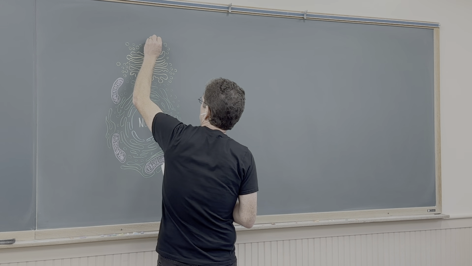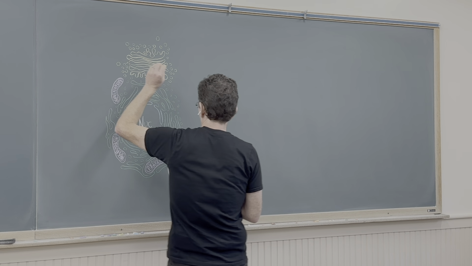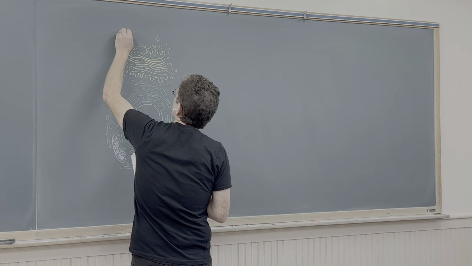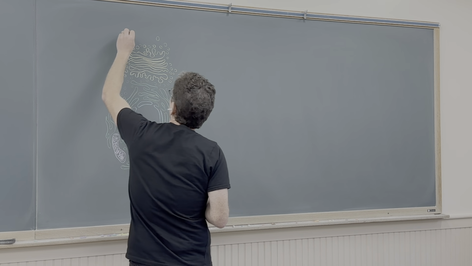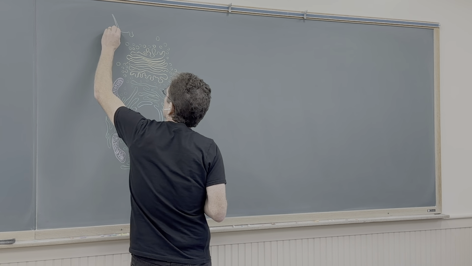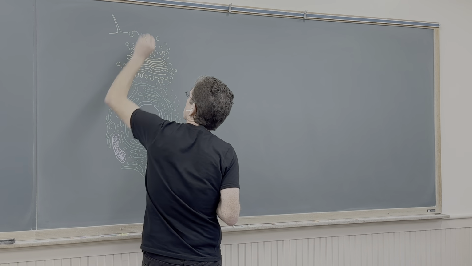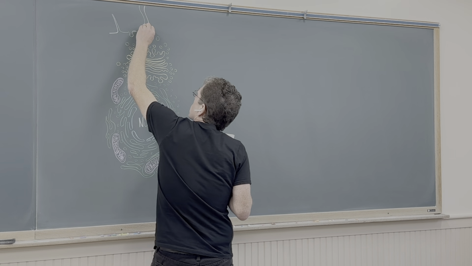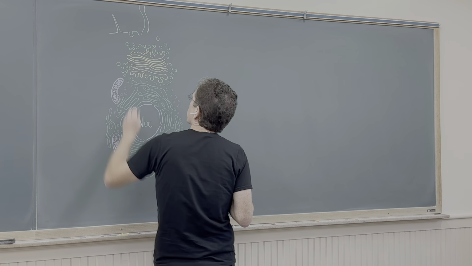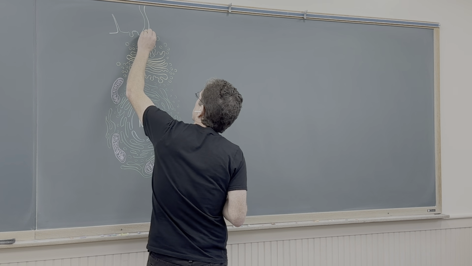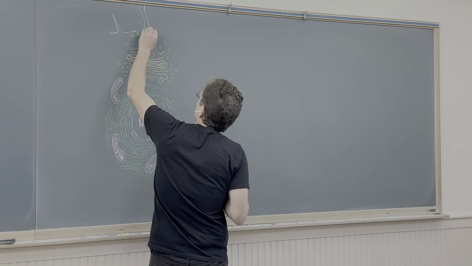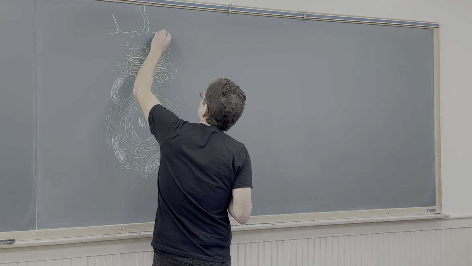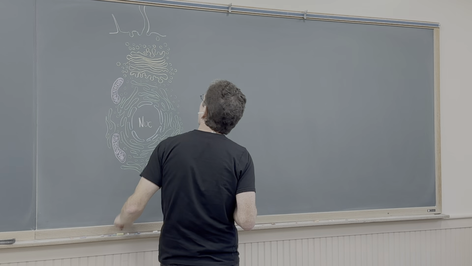Many of these vesicles are bound for the cell membrane. There's the ciliary membrane with a special little dip there that I'm going to diagram in blue.